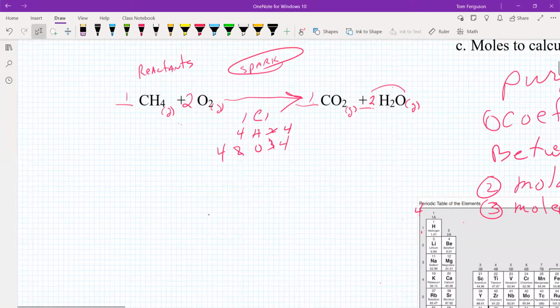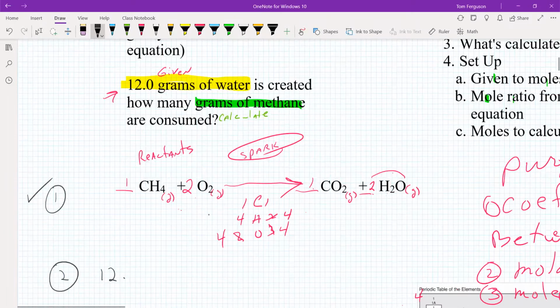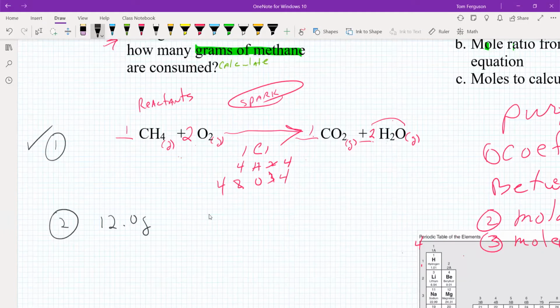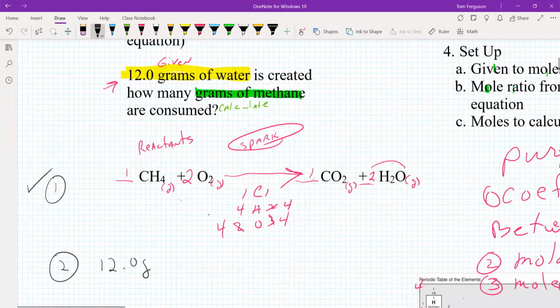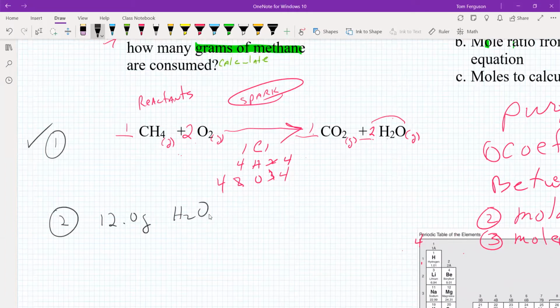Okay, so step number 1. Number 2. That's the given, and it goes on the left.